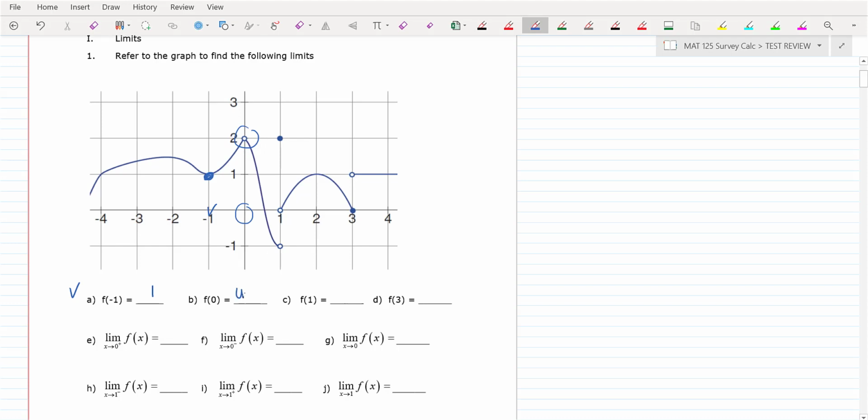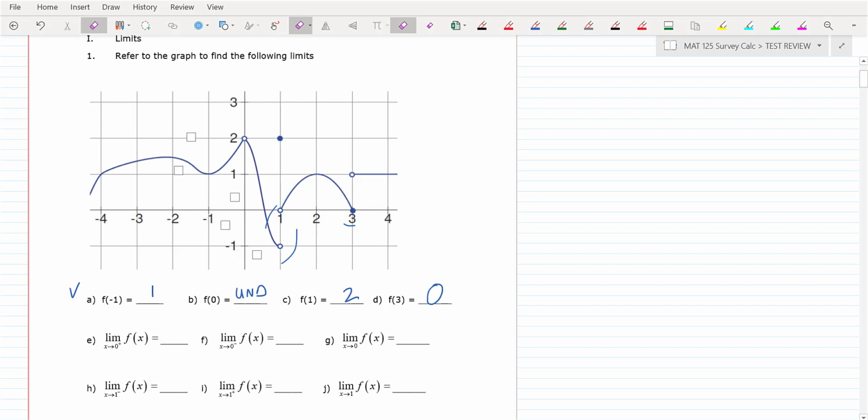No, so you just say undefined. f of 1, you're looking at x equals 1. Is there a function value at x equals 1? Yeah, there is, right there. There's a solid dot, so that's 2. The next one's f of 3. Is there a function value at 3? Yeah, that's 0. So those are function values.